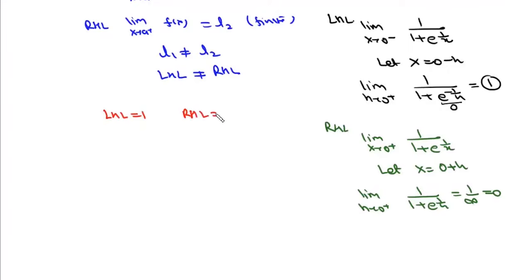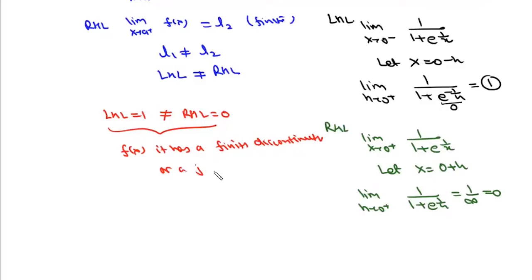Right hand limit exists finitely and it is equal to 0, but still left hand limit is not equal to right hand limit, and therefore we say this function fx has a finite discontinuity or a jump discontinuity at x equals 0.